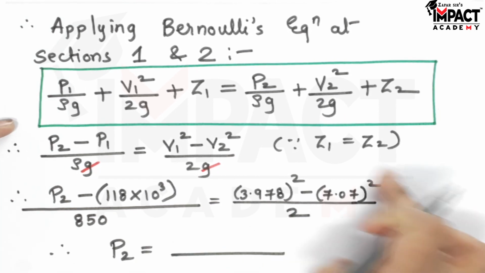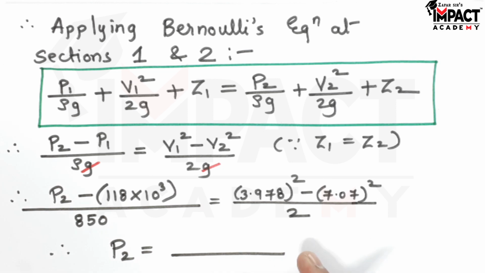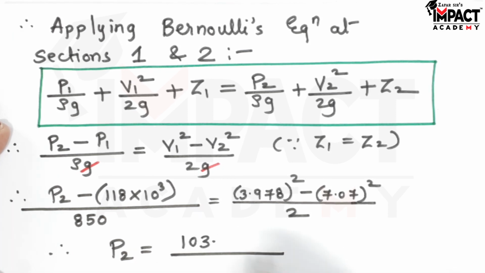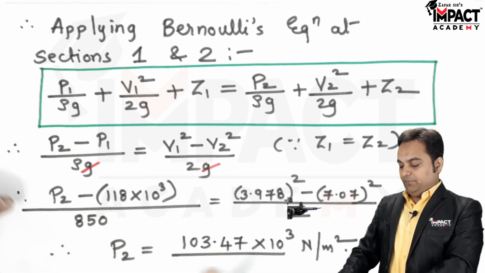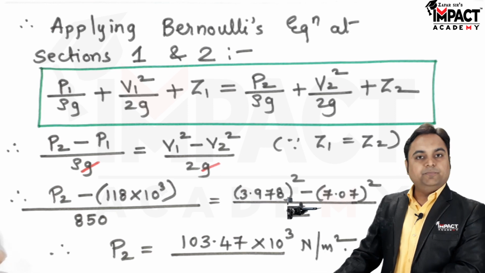So from this, when I calculate these terms, the P2 value comes out to be 103.47 into 10 raised to 3 Newton per meter square.